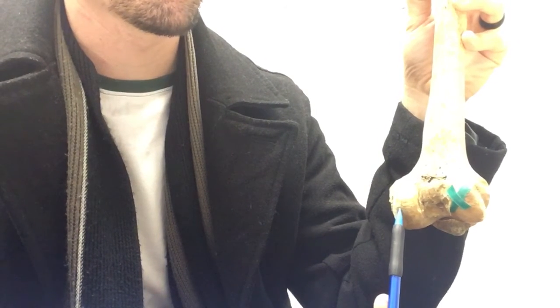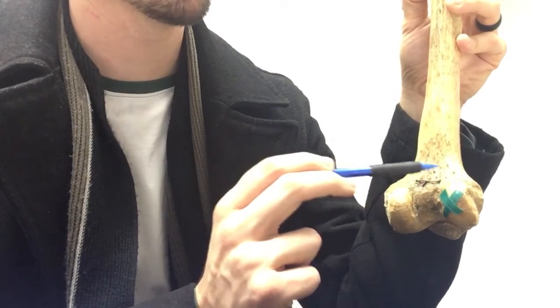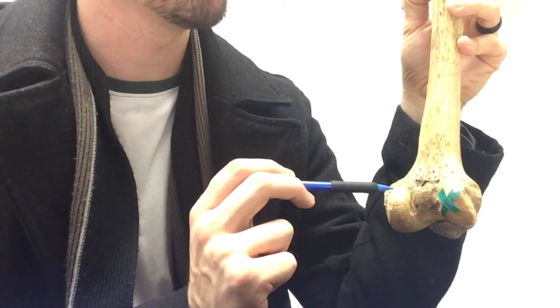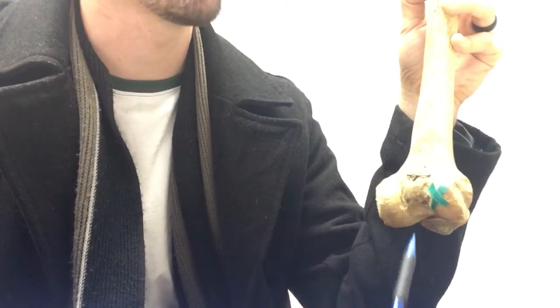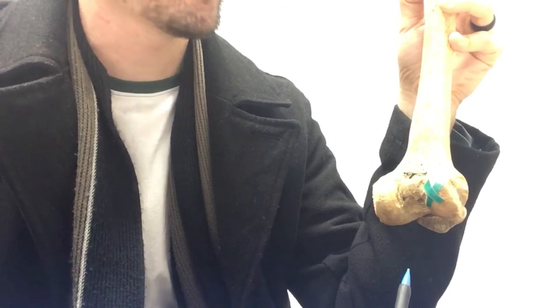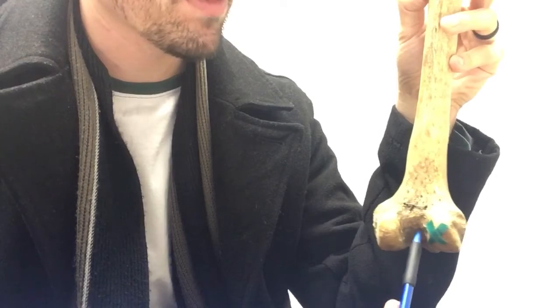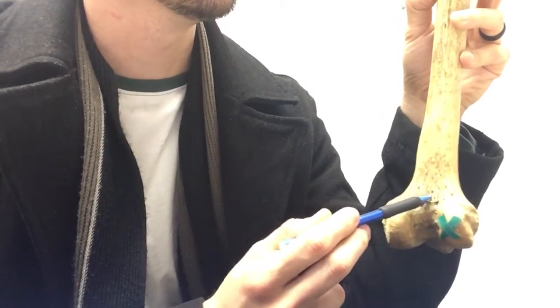On top of the condyles are the epicondyles. So this is the medial epicondyle, and this is the lateral epicondyle. In between the two condyles, we have our intercondylar fossa, which is this indentation, and then we have our popliteal surface.